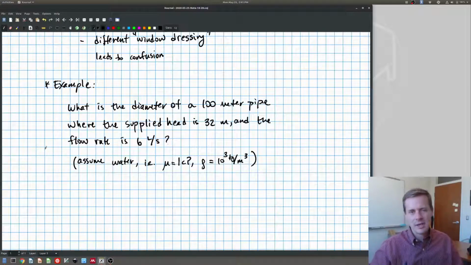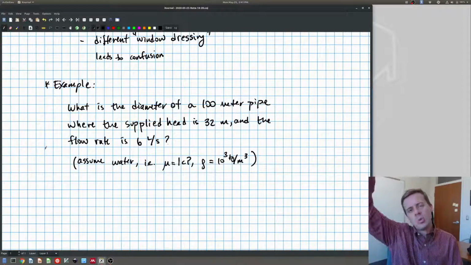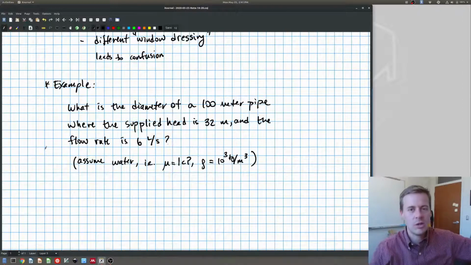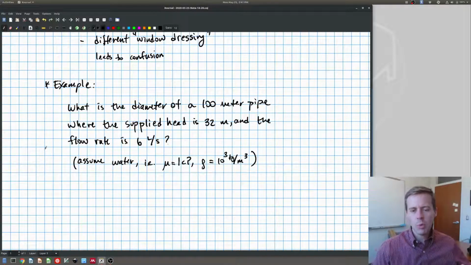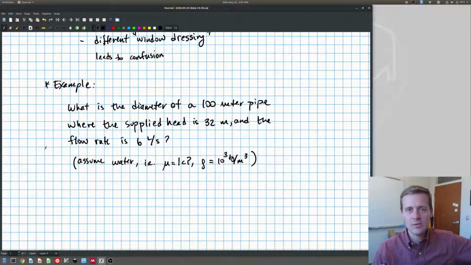And one way to think about that is, if you took a sort of amount of this fluid and you had to raise it up, you could have that potential energy to raise it up 32 meters, okay? And then the flow rate is 6 liters per second. So, that's a pretty good clip of a flow rate, all right? And you can assume this is water. So water has a viscosity of 1 centipoise, and it has a density of about 1,000 kilograms per meter cubed.